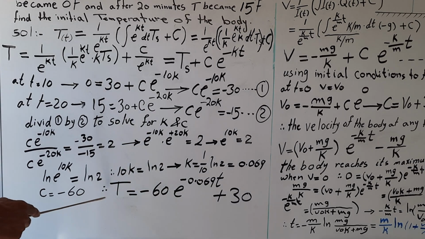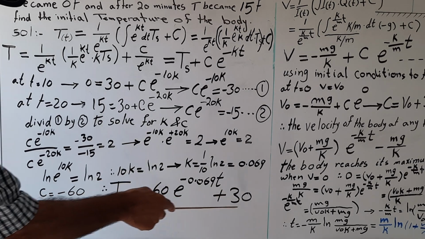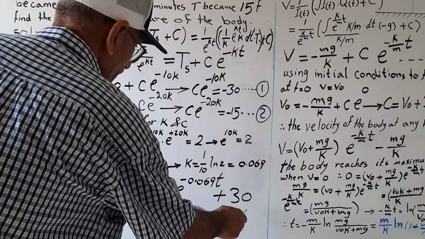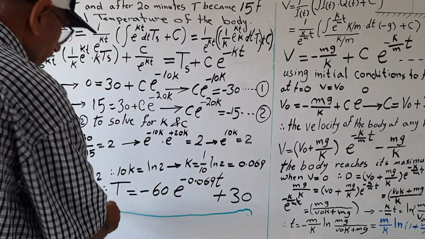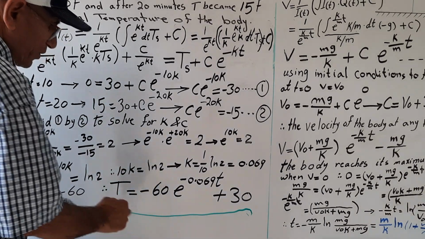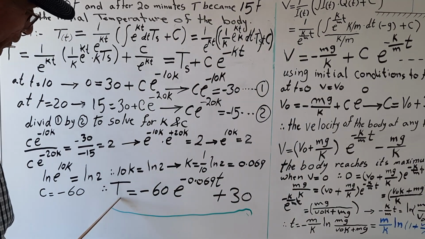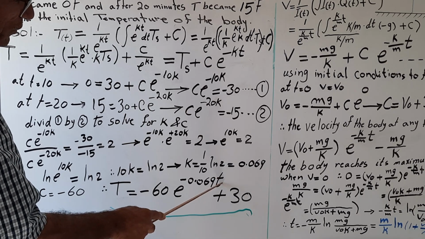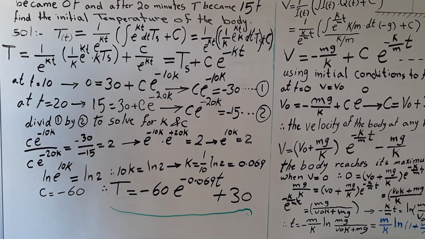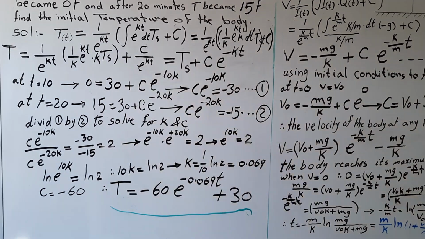And then we applied it, so this is the final relation, the temperature of the body at any time t. We just plug the time and we get the temperature of the body.